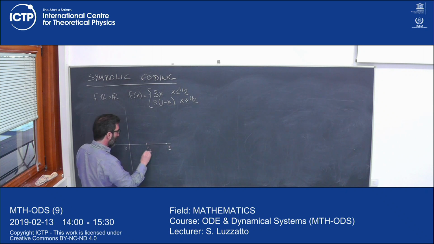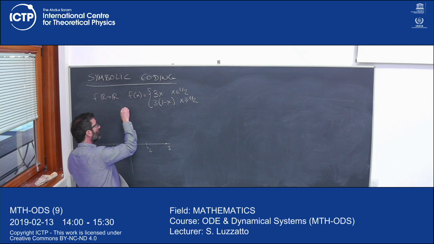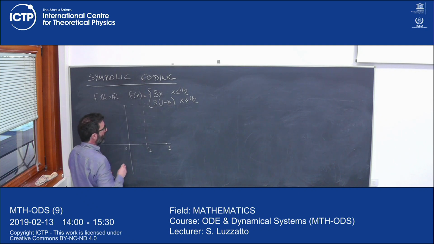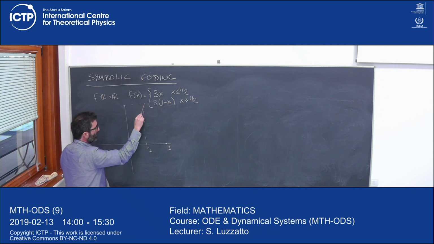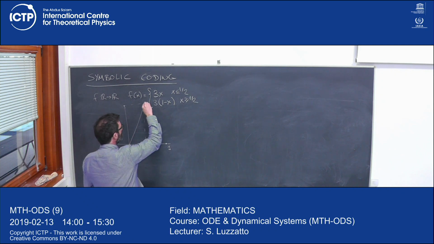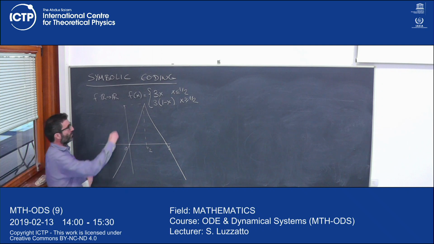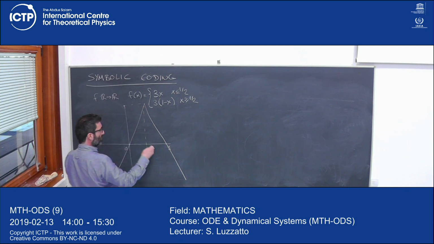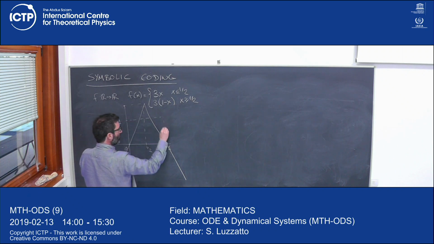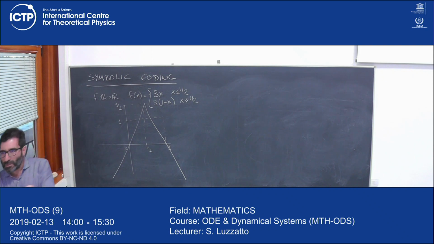When x equals a half, this is 3 halves. And then it's just straight lines like this. So this here is 1, and this is 3 halves. This is the graph, okay?